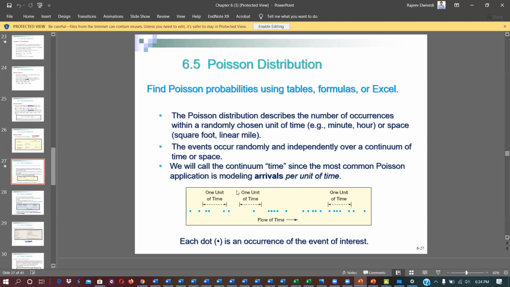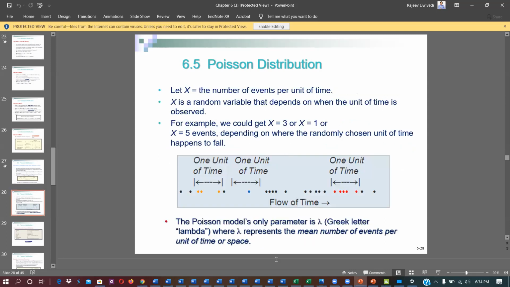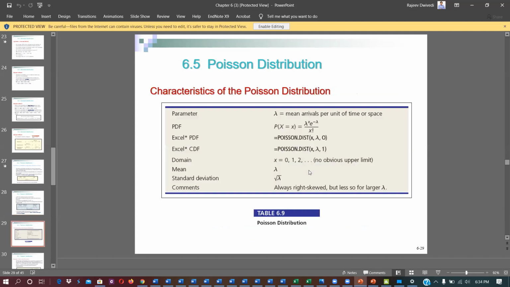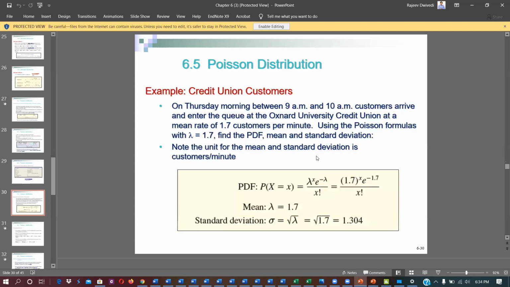That average, or number of arrivals, is denoted by lambda, which is also called the mean in Poisson distribution. The standard deviation is the square root of lambda, and that is here. So mean and standard deviation, this is PDF and CDF and nothing else.